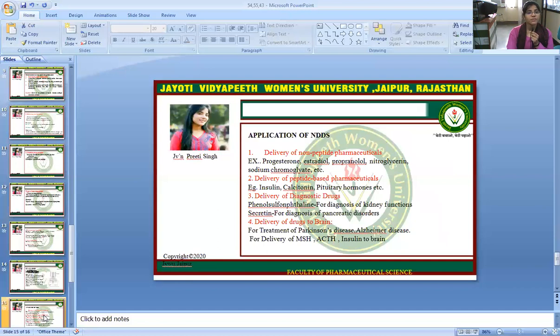Then delivery of drugs to the brain, for treatment of Parkinson's disease and Alzheimer's disease, and for delivery of MSH, ACTH and insulin to the brain.